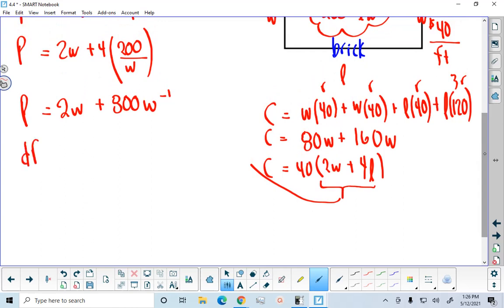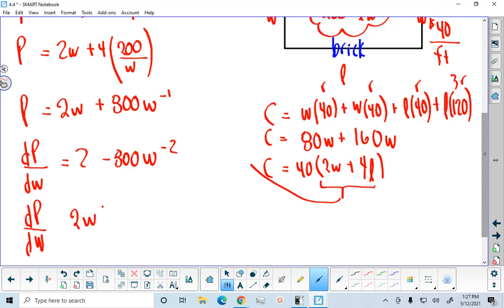dP dW will equal 2 minus 800 W to the negative 2. I can take out a 2W to the negative 2 and be left with W squared minus 400.